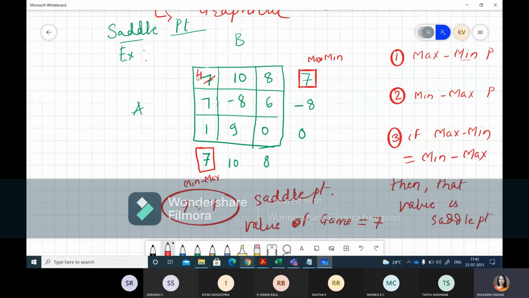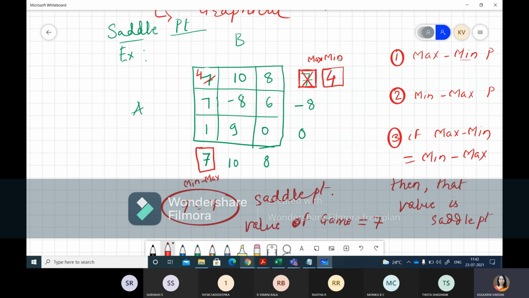Now we find the minimum number here, so this becomes 4, and this will be your minimax. Is your maximin equal to minimax? No, because here we got 4, here we got 7.